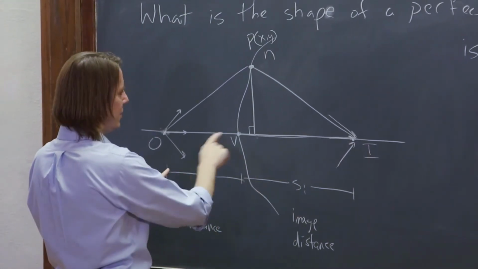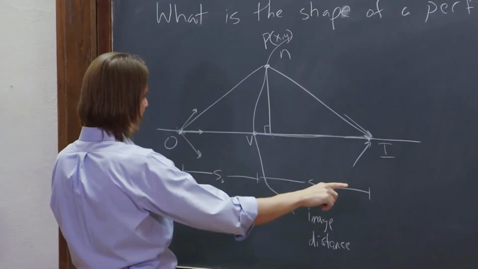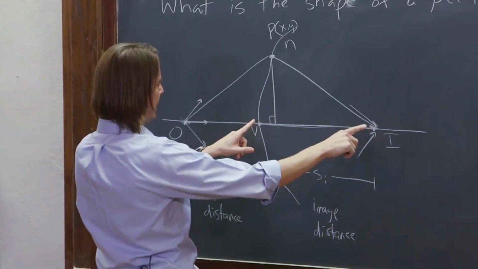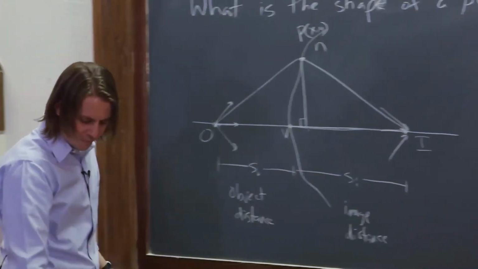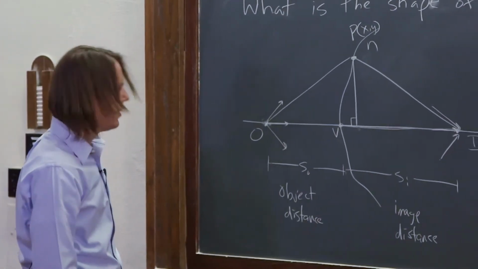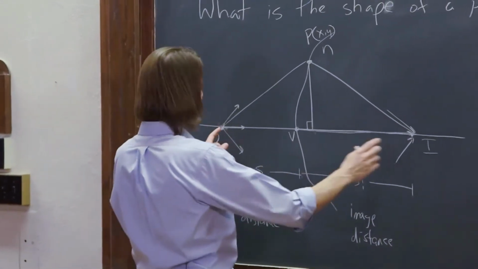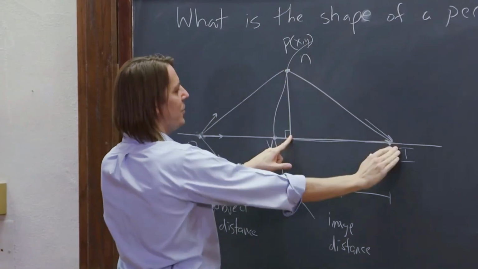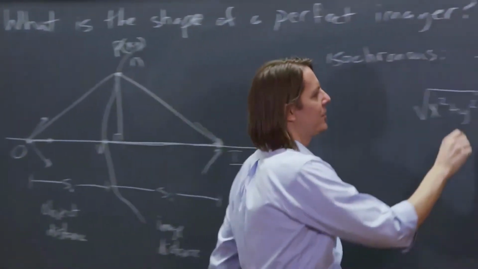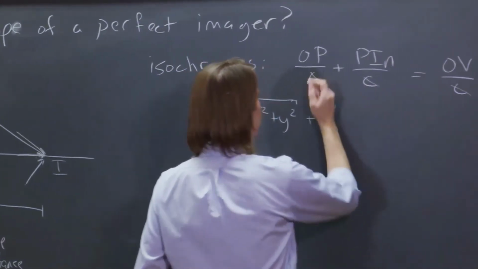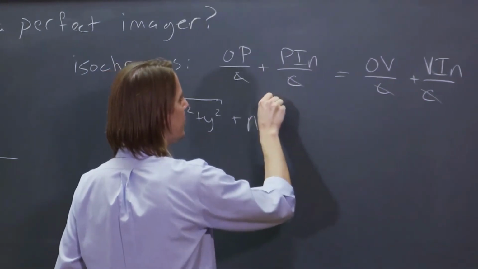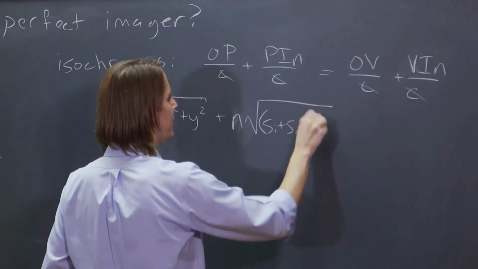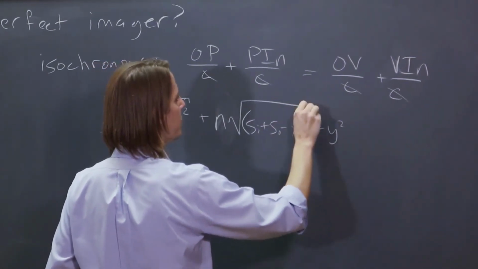What is this distance? This is x. It's S_I plus S_O minus x. S_I plus S_O is to here, and then the point is x, and that's what's left. So it's n times the square root of (S_I plus S_O minus x) squared plus y squared.